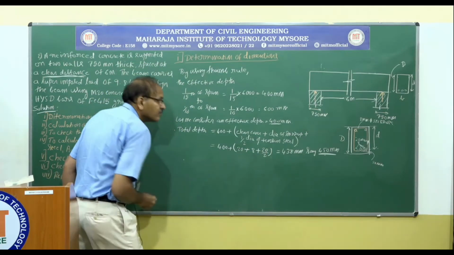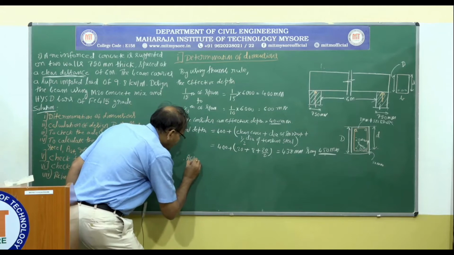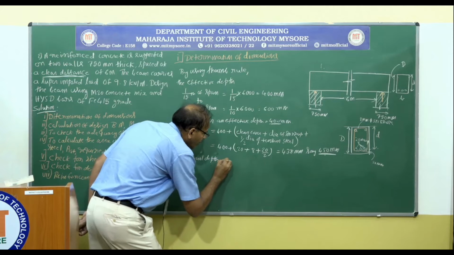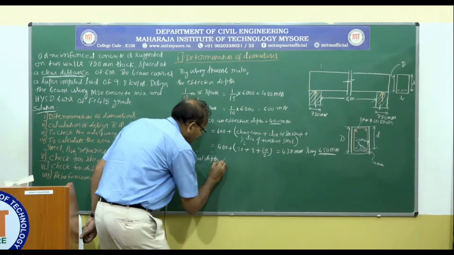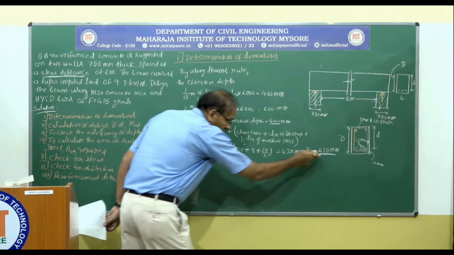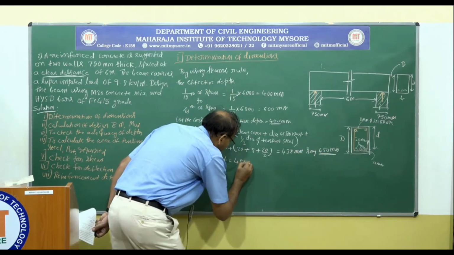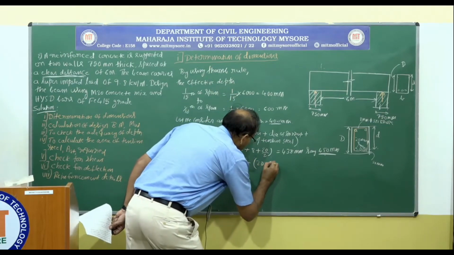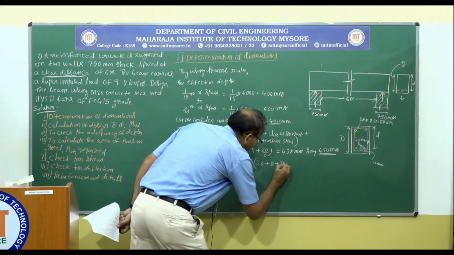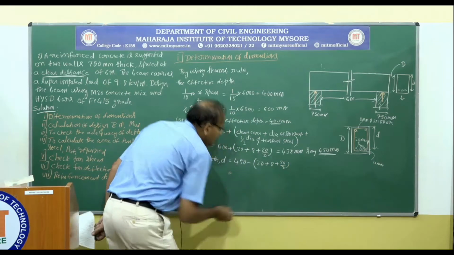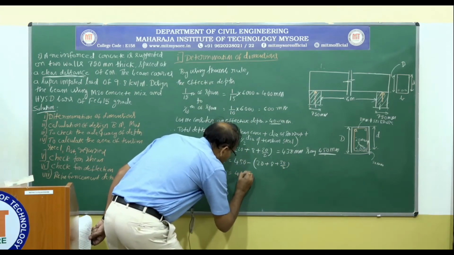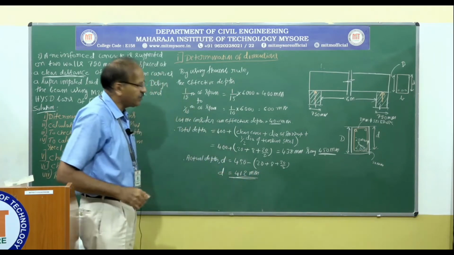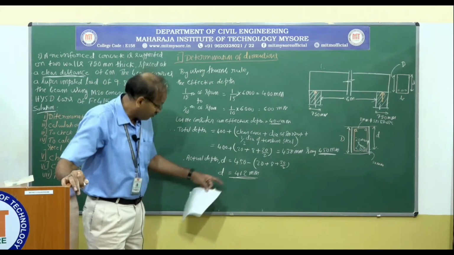Therefore, actual effective depth d equals 450 minus the effective cover, 20 plus 8 plus 20 by 2, that is equal to 412 millimeter. That is the effective depth we are providing.